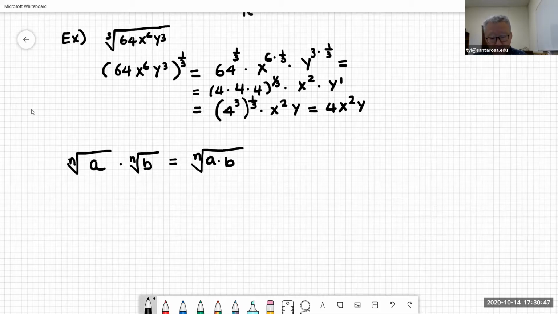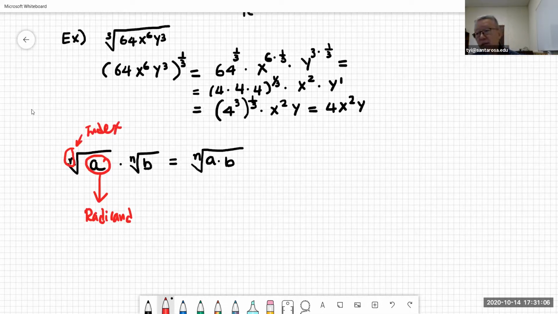We call the value inside the radicand, and this n over here we call the index. So the index is kind of representing the power of the rational exponent.